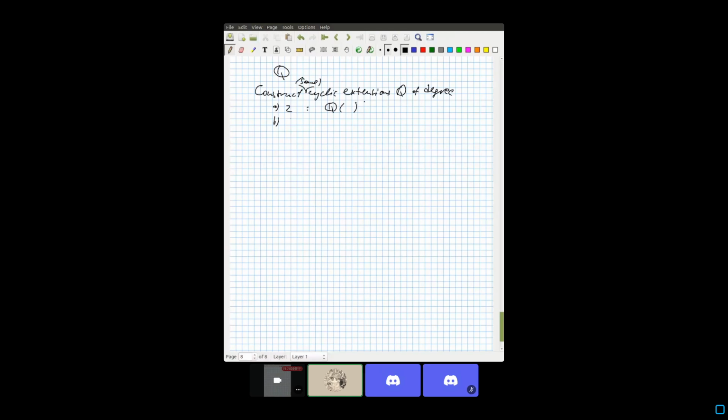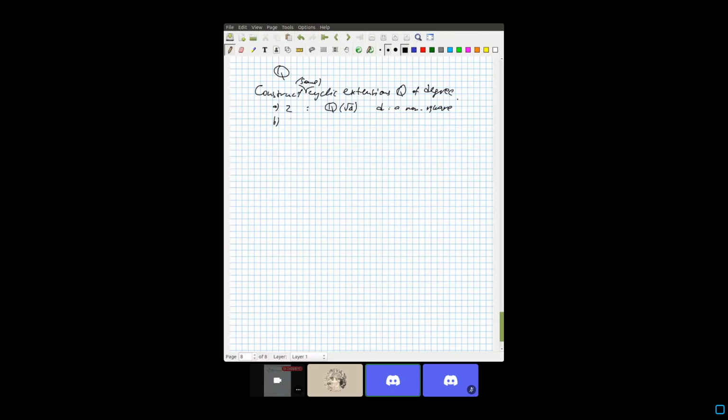Square root of 2 or something like that. Yeah, square root of something, and it doesn't really matter what you take, just take any D that is a non-square.